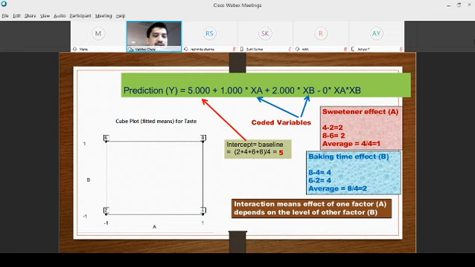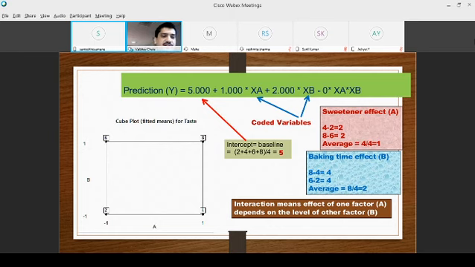If I consider minus 1 to 0 and 0 to plus 1, again I need to divide it by 2 because there is a leap of 2. That means 4 divided by 4, I am going to get how much? 1. This is with respect to what? xa. The effect of xa, that is the coded variable.